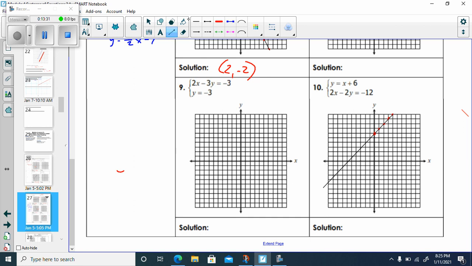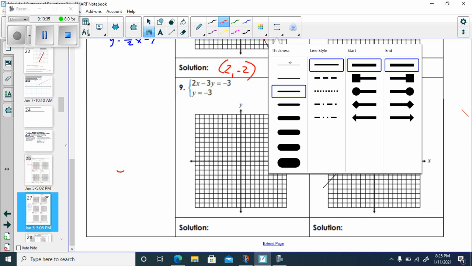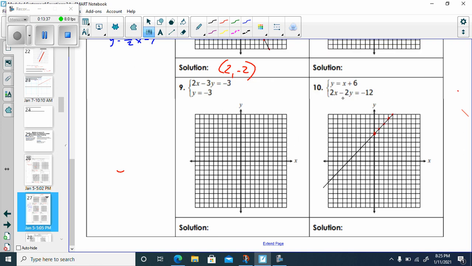Now, here's our other one. We need to plot this one. What I've got is 2x minus 2y equals -12. I need this to say y is equal to mx plus b. So I need to solve for y.